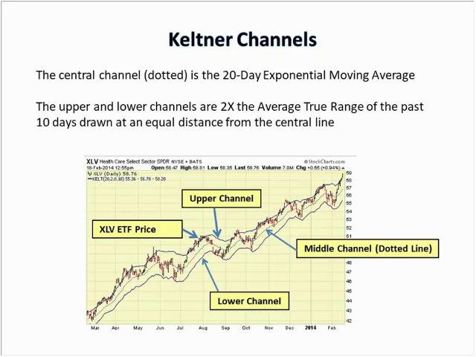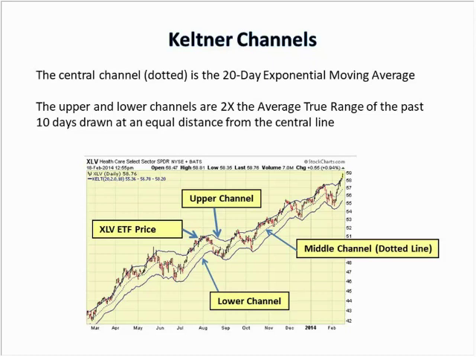So we like to time our entries, and you can see this is a very repetitive price pattern in that the stock gets overbought when it's trading above the upper channel, and then it sells off, gets oversold, and then rallies, gets overbought, then sells off, gets oversold, rallies. So you can just see that this repeats itself.